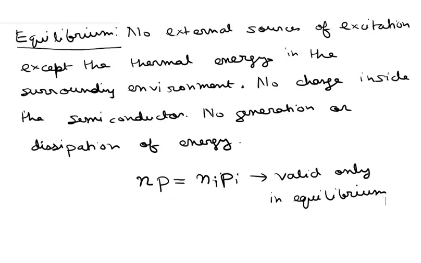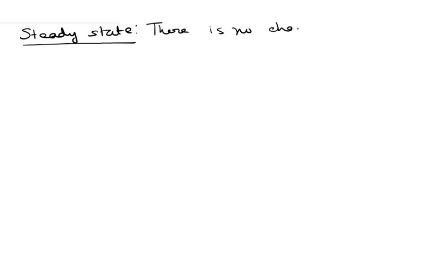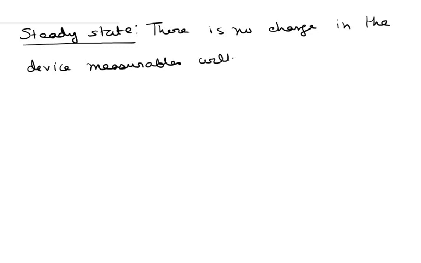Okay, and then after equilibrium comes the steady state. So steady state basically means that there is no change in the device measurables with time.